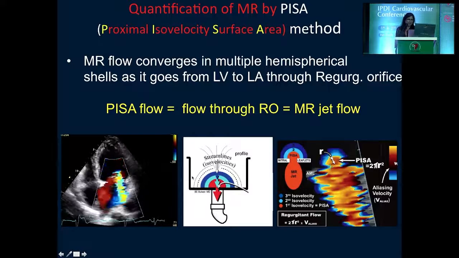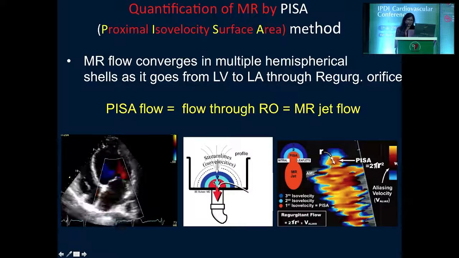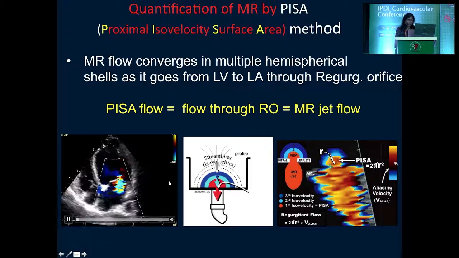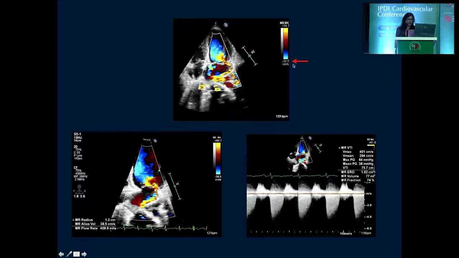Now, how to identify the most proximal regurgitant shell? We cannot if the scale is full. For that, we reduce the baseline to 30 to 40. Here it is 36. As I do so, I get the PISA, which is identified by the interface between yellow and blue, and I measure the PISA radius.